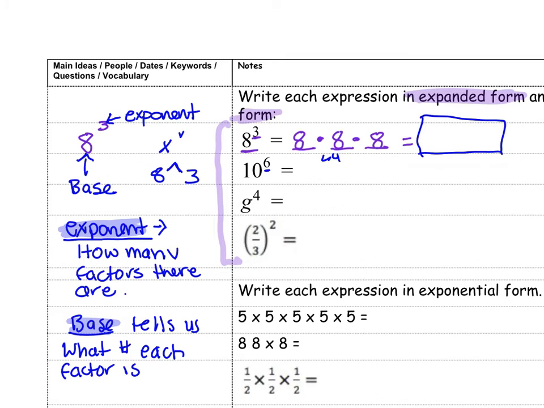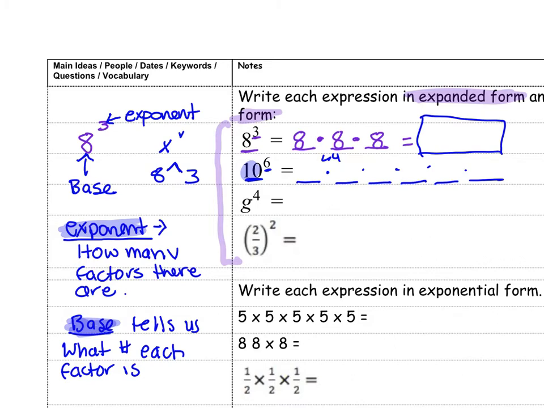All right, the next one, the 6, my exponent tells us how many factors there are. So I like to write out my lines. Number times a number 6 times. 1, 2, 3, 4, 5, 6. And then the base, so this is the base.